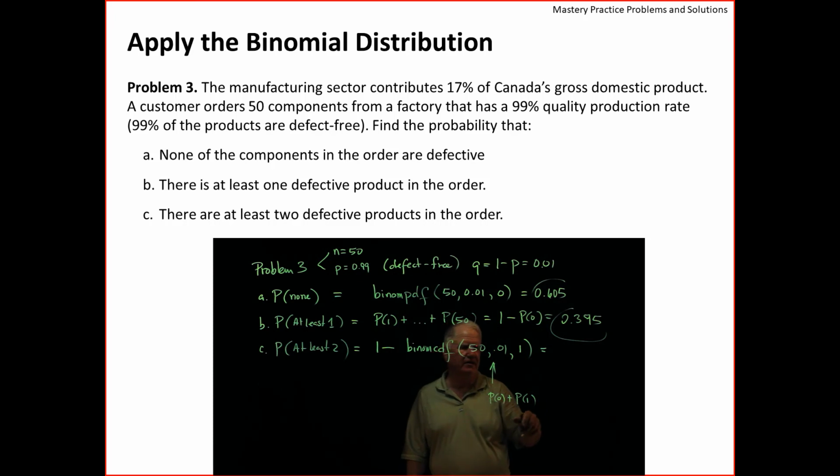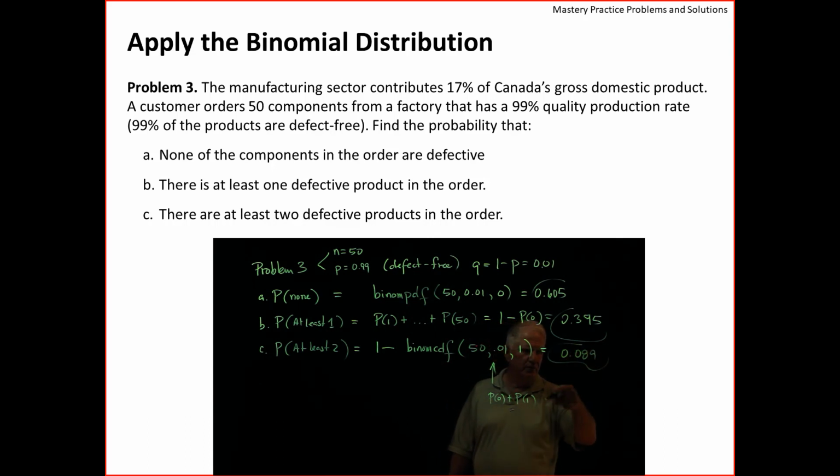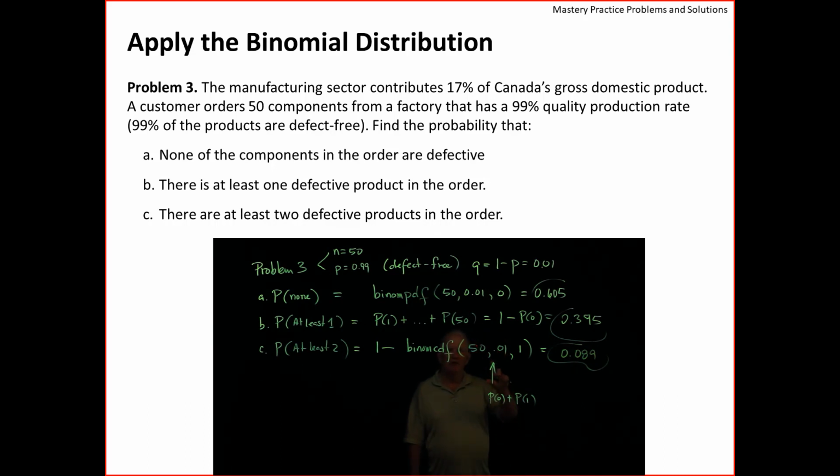I subtract that from 1, and I get 0.089 if I'm not mistaken. 0.91. Yeah, I think that's right. Okay, that's problem 3 of the brain twister group from 3 to 6. So let's go on to 4.